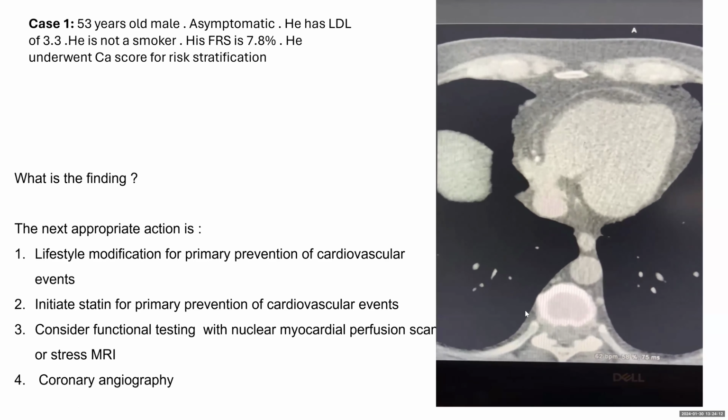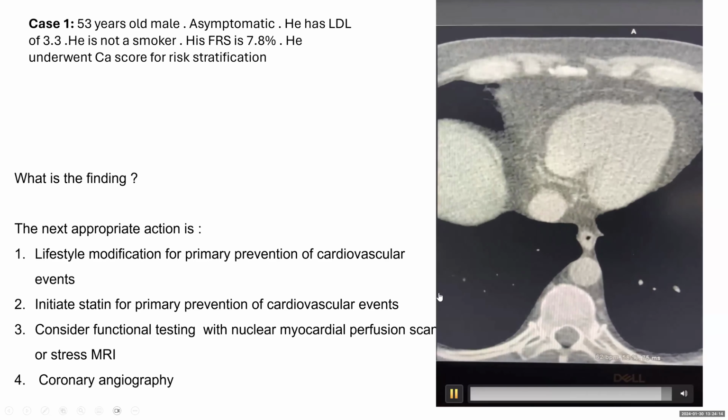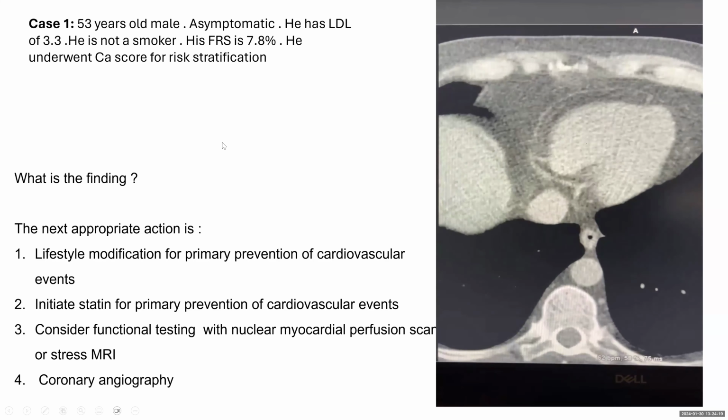The question here is, what is the finding? So we have a calcification everywhere. Now, do I need to quantify the calcium or not? Show of hands, please, and anyone can answer.